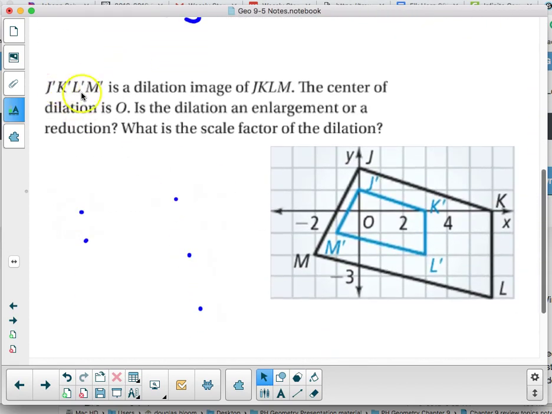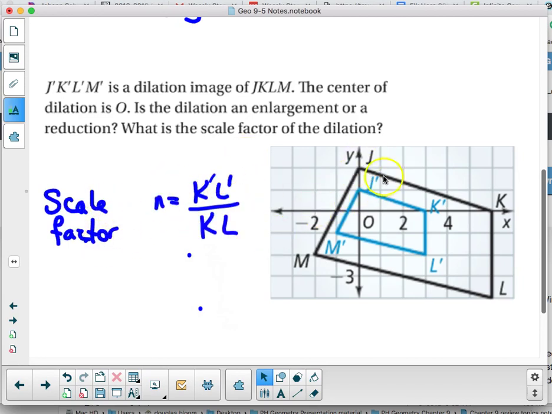Now, J prime, K prime, L prime, M prime is the dilation image of J, K, L, and M. The center of dilation is O. Is the dilation an enlargement or a reduction? I'm going from J to J prime, so it's going in. It looks like it's going to be a reduction. I'm looking for the scale factor, K prime L prime over KL.